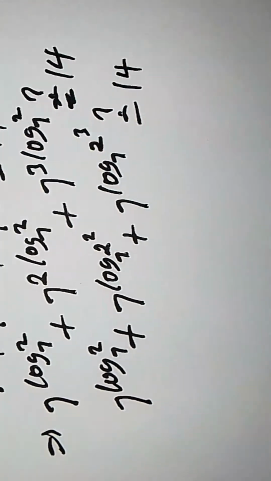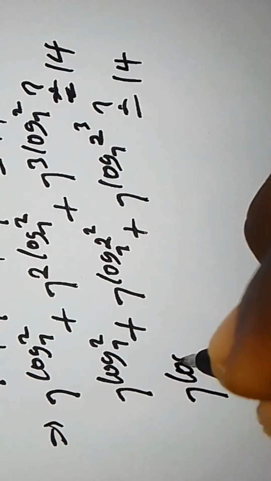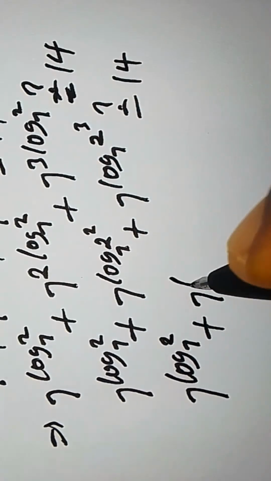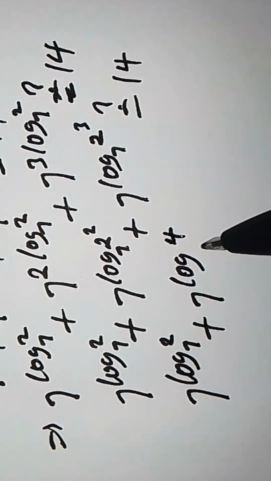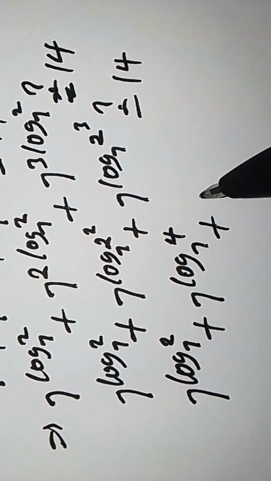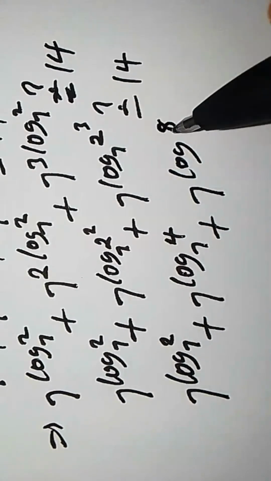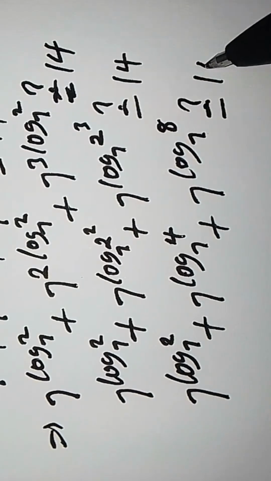Let's proceed further. So we have 7 raised to log 2 base 7 plus 7 raised to log. What is 2 squared? That is 4 base 7 plus 7 raised to log 2 to the power of 3, that is 8 base 7. And we claim that this is equal to 14.